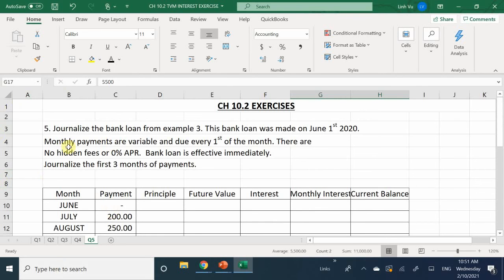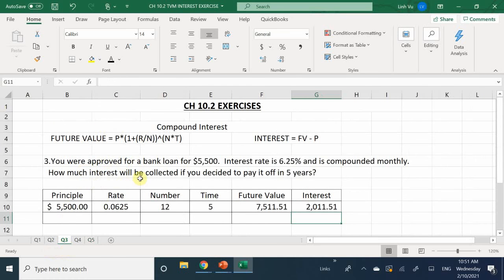So in the scenario for question number 3, we have the bank loan. The interest rate is 6.25% and it's compounded every month. And again, we're assuming that we're going to take 5 years to pay it off.